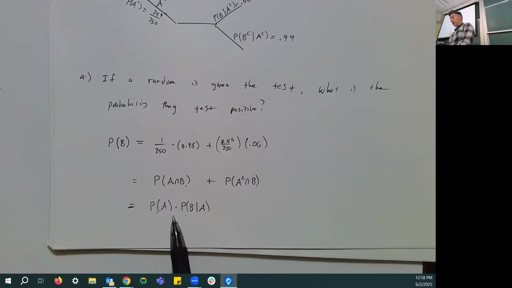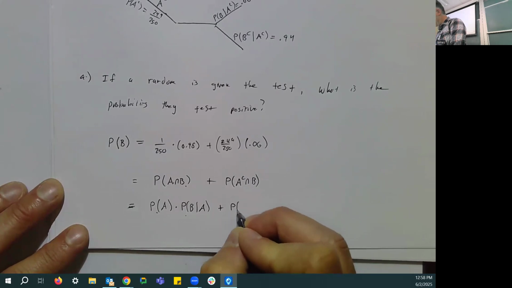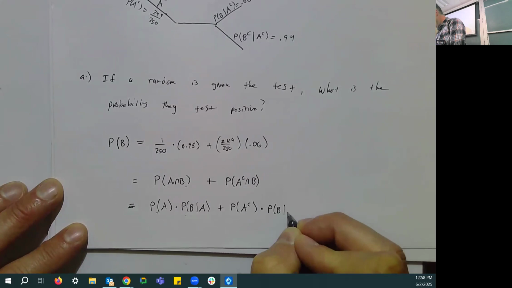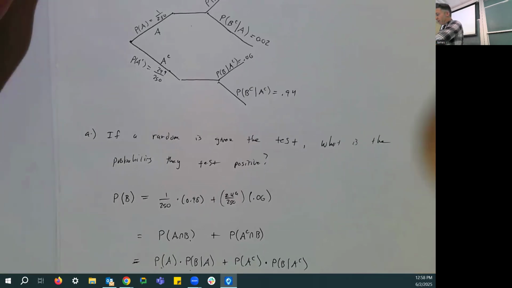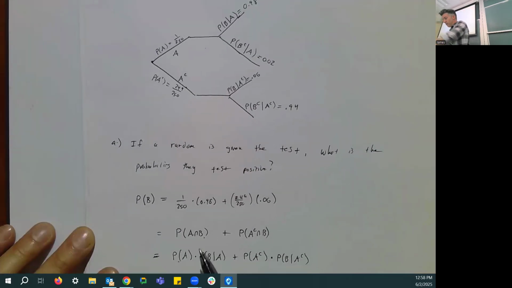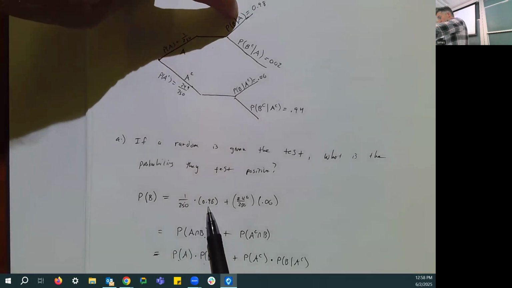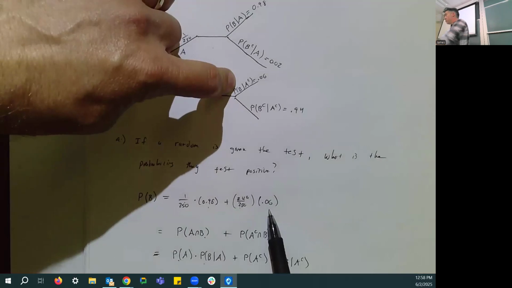If they were independent, it'd be probability of A times probability of B. Similar deal here: it's the probability of A complement multiplied by the probability of B given A complement, which is exactly what we wrote out up here.